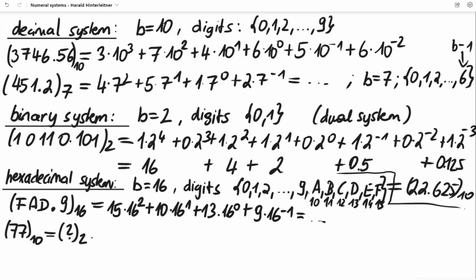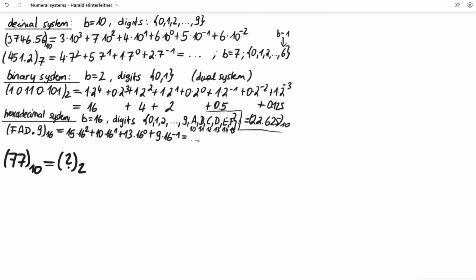And for this you can use the so-called division algorithm. So first let's make some space here. So now we have enough space that I can show you the division algorithm. So you write the number 77 here.